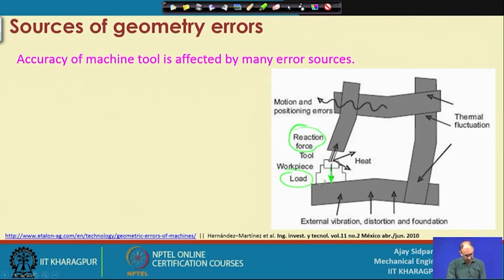Because of that additional load, your foundation may get deformed at a micron level, and the forces, load and vibration will propagate in this direction, and then again it will close the loop, and because of this structural loop deflection, you end up with errors.